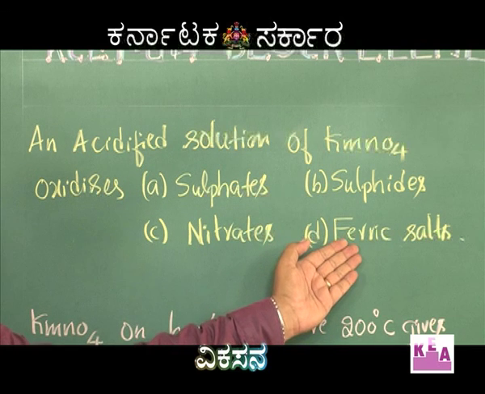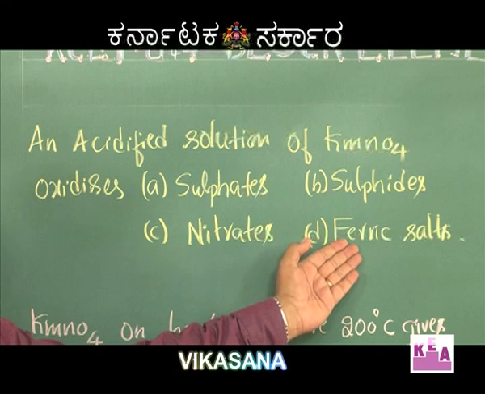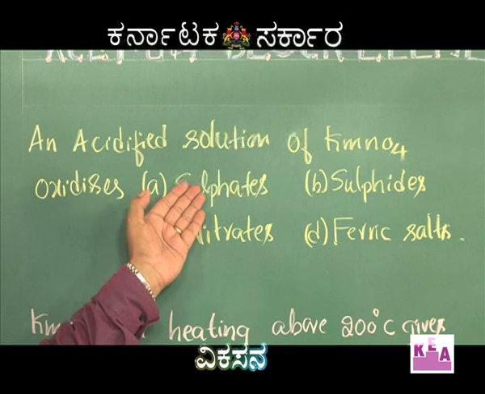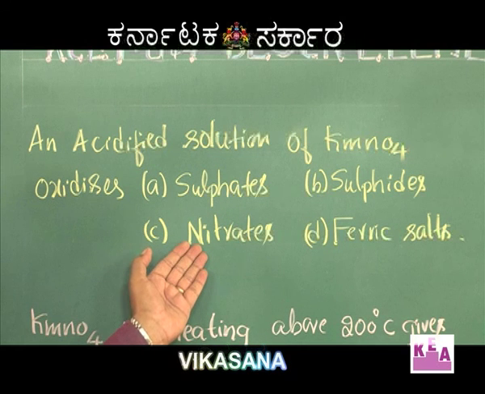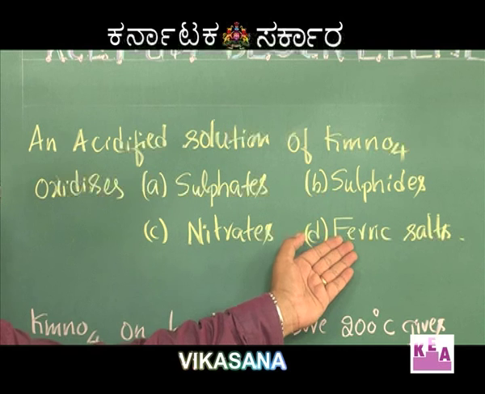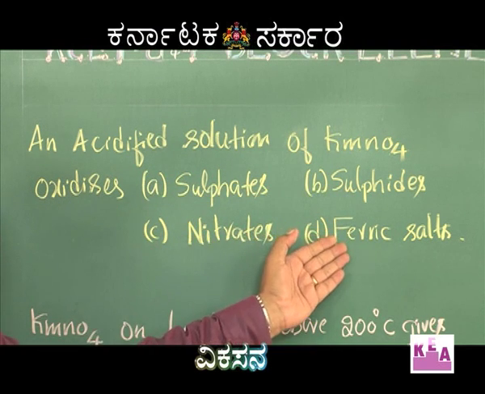In ferric salts, we have iron with its most stable higher oxidation state +3. So, sulfates having sulfur in +6 oxidation state, nitrates having nitrogen in +5 oxidation state, ferric salts with iron in +3 oxidation state cannot further undergo oxidation.